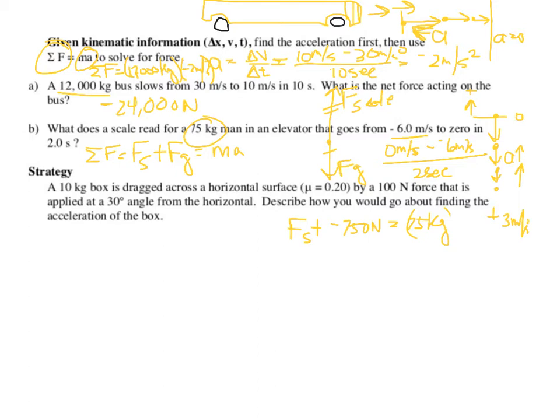What does that give you? Well, add your 750 to the other side. 75 times 3 is 225. So the force of the scale has to be 975 newtons. Positive, which matches what our force diagram shows.